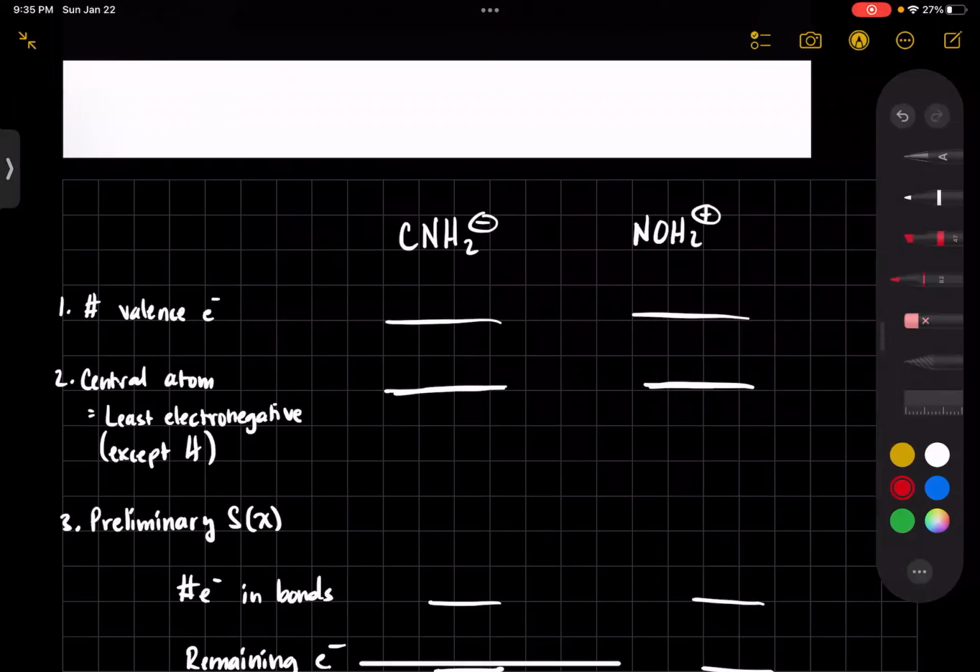So let's just write it down. Each hydrogen has 1 valence electron, each nitrogen has 5 valence electrons, and each carbon has 4 valence electrons. Here, each hydrogen has 1, each oxygen has 6, and each nitrogen has 5.